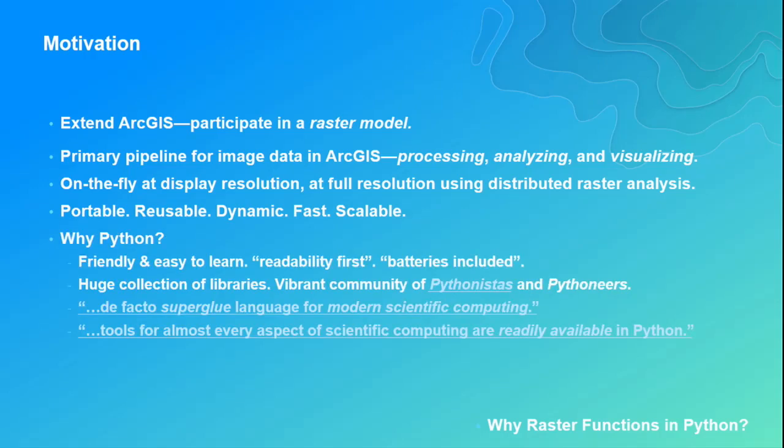We want people to be able to build their own functions. We have a bunch of out-of-the-box functions, but there's so much more that you could do, and people wanted to be able to build their own. And we did it in Python because it's easy to learn and people are comfortable with it.